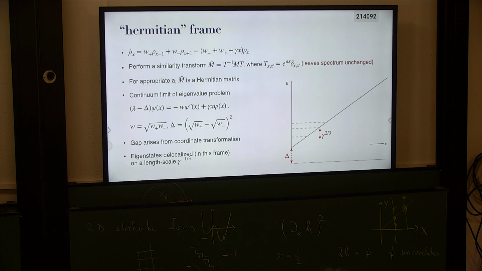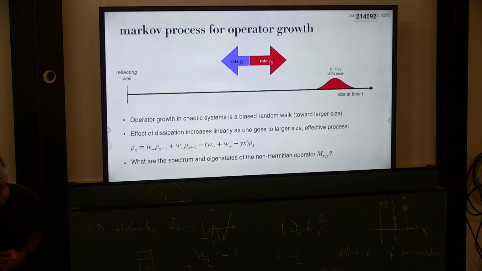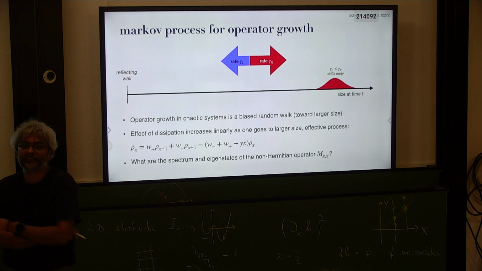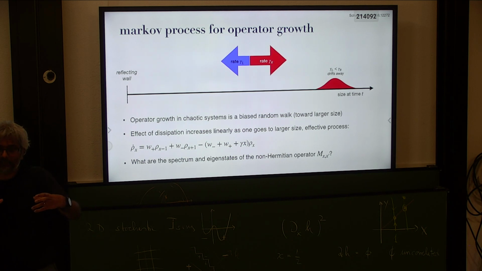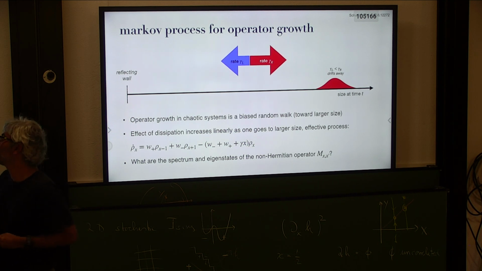So what I did to that very first equation, because why is it linear in rho and why is it so local in time? Because in general you will have nonlinear terms in rho, and it can also be a very non-local equation both in time and space. Yeah, so this is basically our coarse-grained understanding of operator growth. In a chaotic system, small operators grow bigger at some deterministic rate. In general it's going to be an approximation, at least when the operators are small, that this process is strictly Markovian.